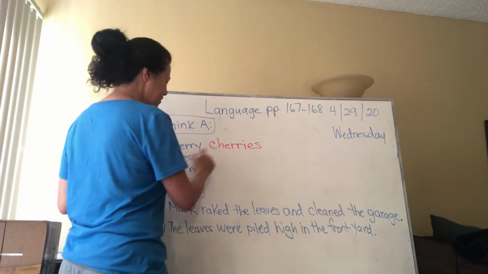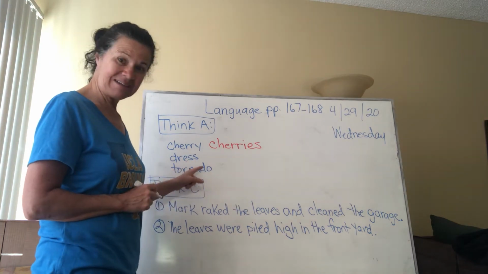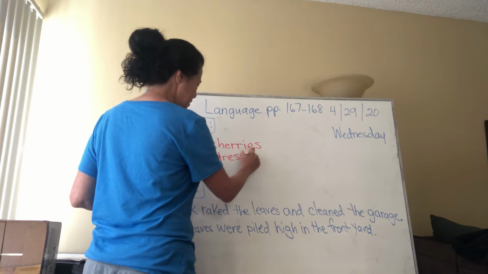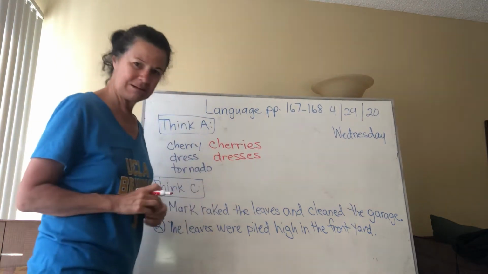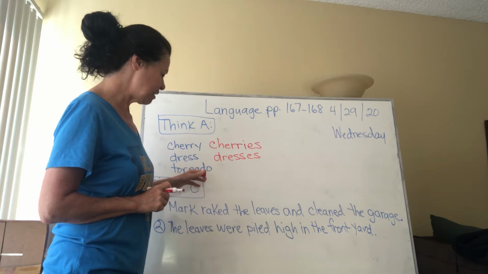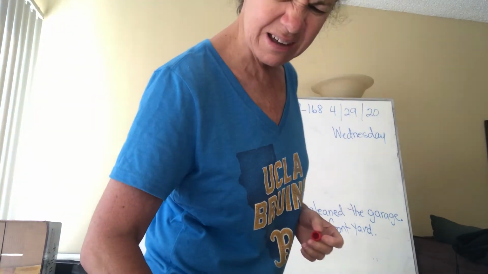We have dresses. Words that end in S, we add an E-S. So we have dress, and we want to make it dresses. It ends in an S, so we add an ES. So it becomes D-R-E-S-S-E-S. Okay? And then tornado. Let me double check something. Yeah, that's what I thought.